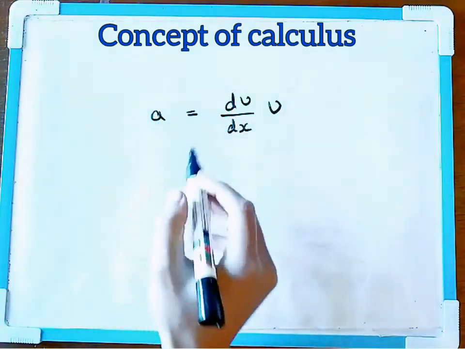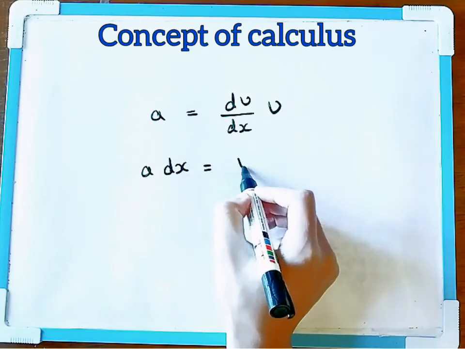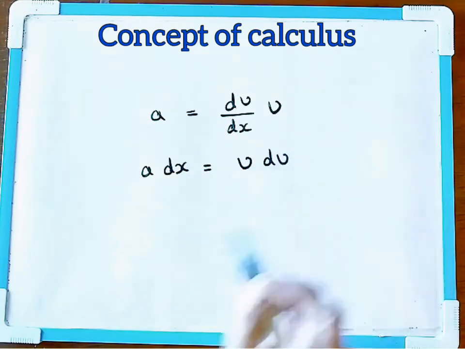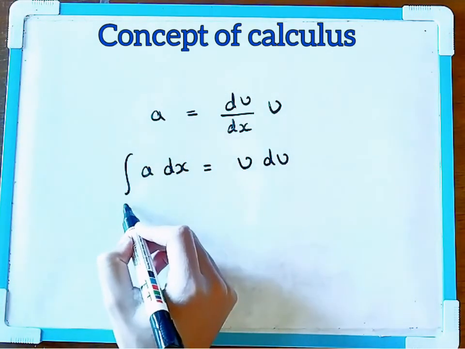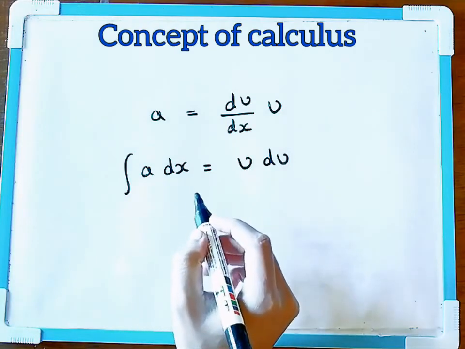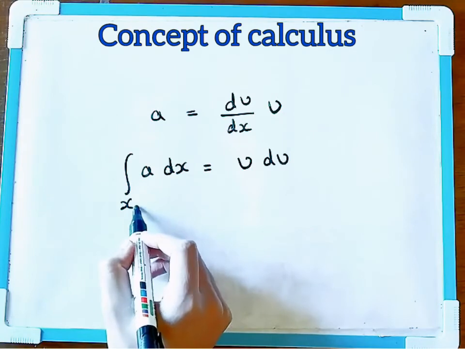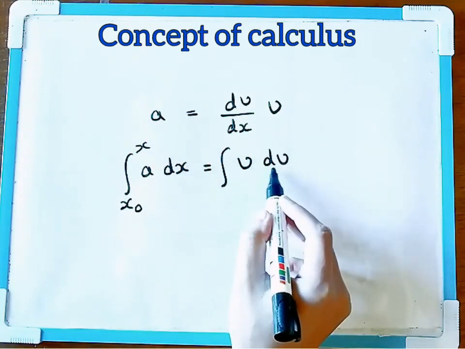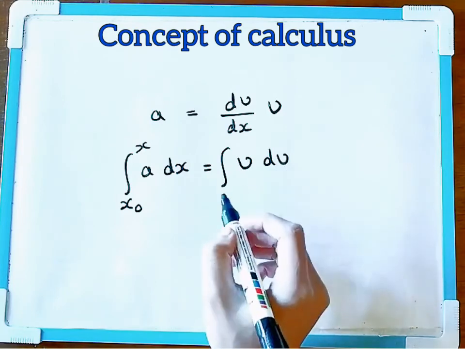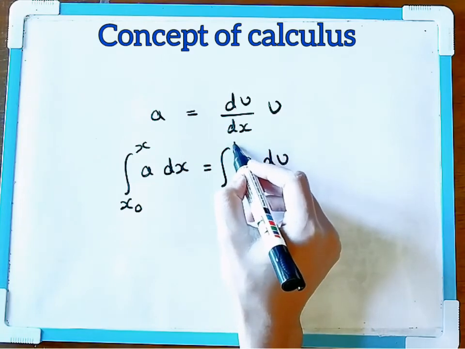Then again this will come here, so a dx is equal to v dv. So again what I'll do is integrate on both sides. In this case we are integrating over dx, so from the limit x0 to x, and we are integrating dv with respect to velocity. So here we have the initial velocity and the final velocity.